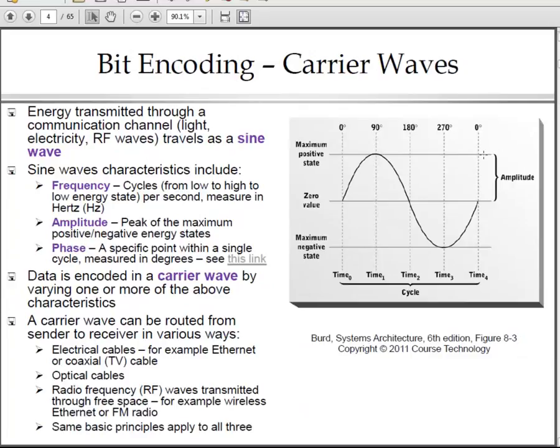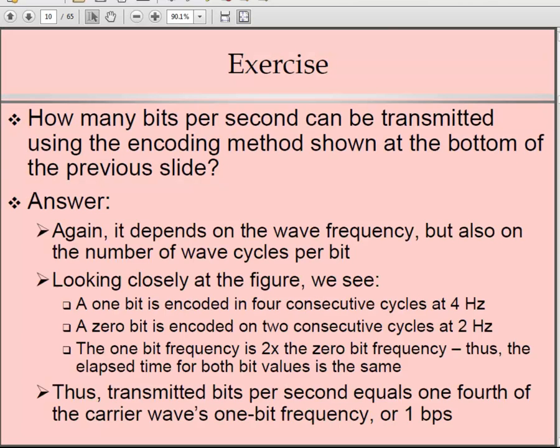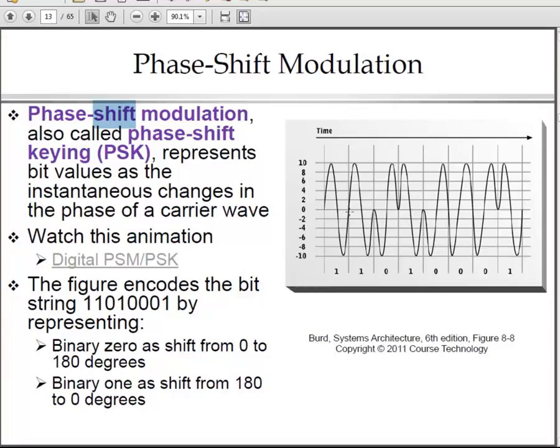Let's come back here to the beginning. If I'm going to do a 0 bit, I should start here and be going up, but instead what I'm going to do is jump from here straight to here. So instead of going up, I'll be going down. That's the shift in phase shift. I should have been following that nice curve up, but instead I basically chopped off half of a cycle and started immediately on the down.